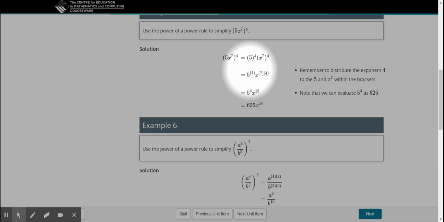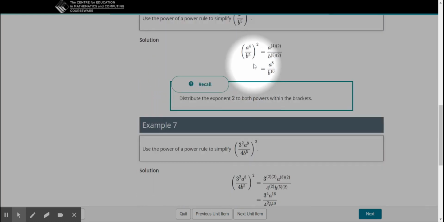So now we can rewrite these as 5^4, and our power rule states that we can multiply the exponents 7 and 4, arriving at 28. Then our semi-final expression is 5^4 x^28. And of course, we can evaluate 5^4 as 625, so 625x^28.